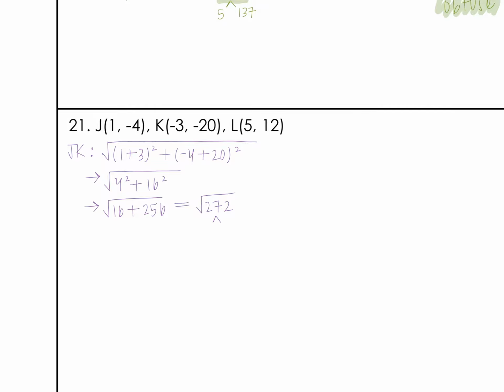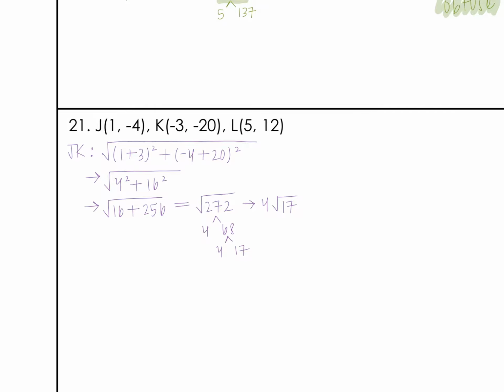So some factors of 272 are 4 and 68. And then that 68 can be broken down into 4 times 17. So that's going to give me 2 4s. So I'm going to pull out a pair with that 17 left over. So I'll get 4 root 17.